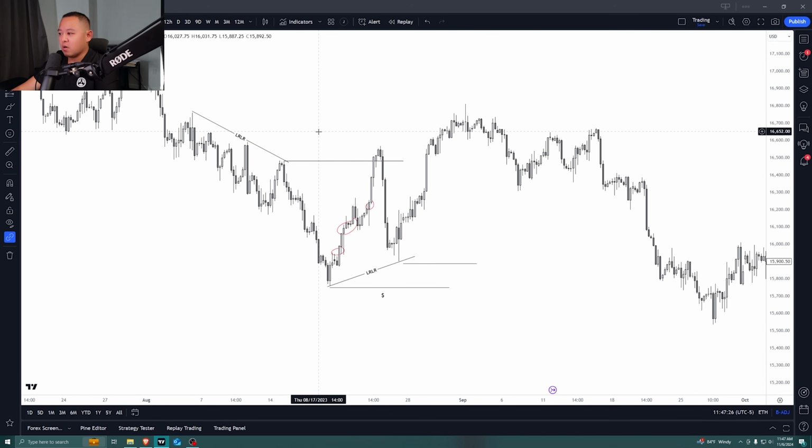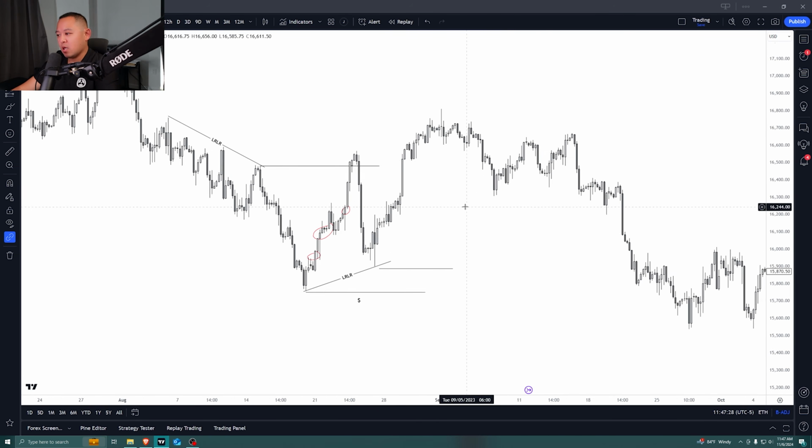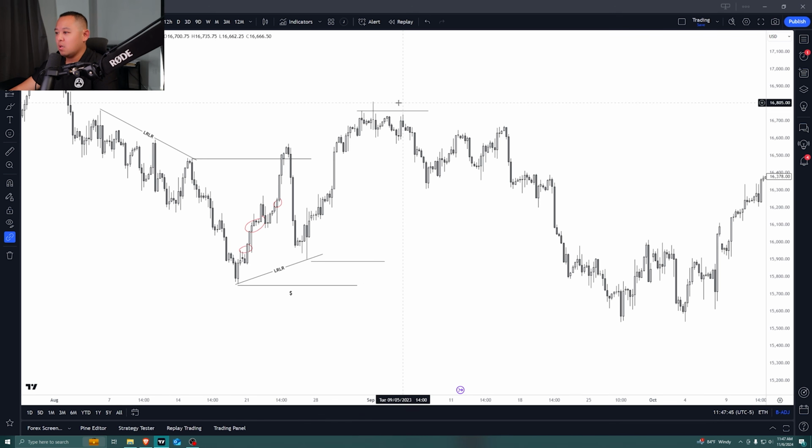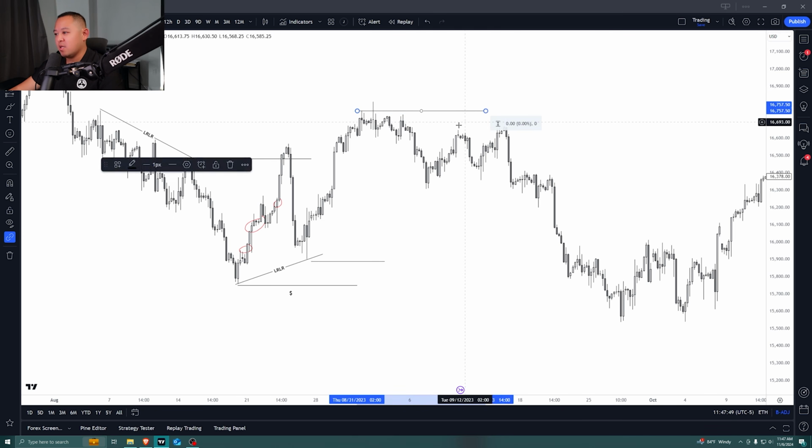But what we're looking for are just old highs being taken out and using low resistance liquidity as our targets. So here we have an old high, and this becomes high resistance liquidity because we've already taken out buy side. So when we take out buy side, this becomes a high resistance liquidity point. So as you can see, when we take out that previous high, it's creating a higher high in the market.